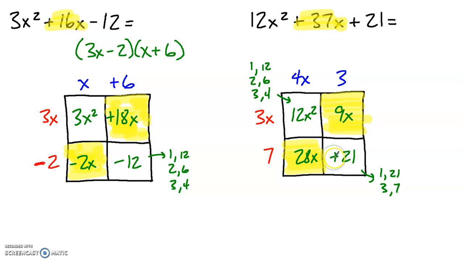I need the signs to be the same, and they need to both be positive. So let's get the signs on there then. We've solved it. We figured it out. My two factors are 3x plus 7 and 4x plus 3.